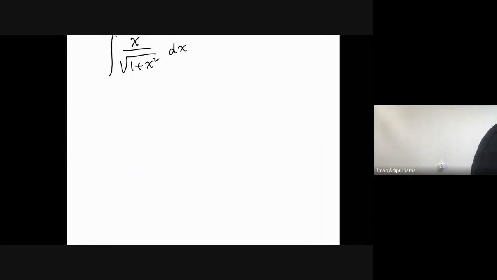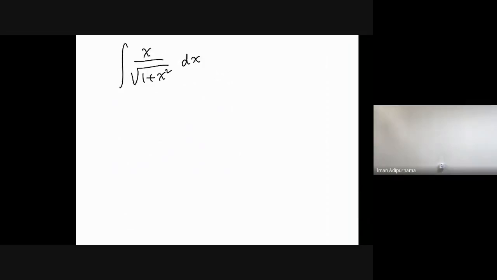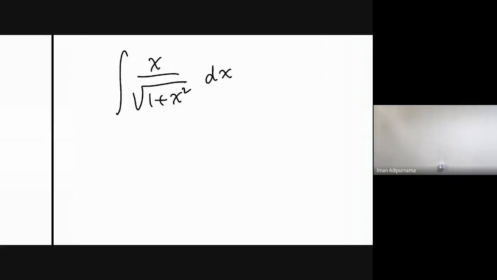Based on our u-sub, you can see the 1 plus x squared. If you differentiate, it becomes 2x, and 2x and x will cancel. So if you are using u-sub, you can also get the result.